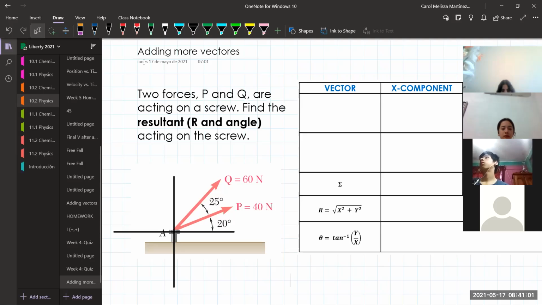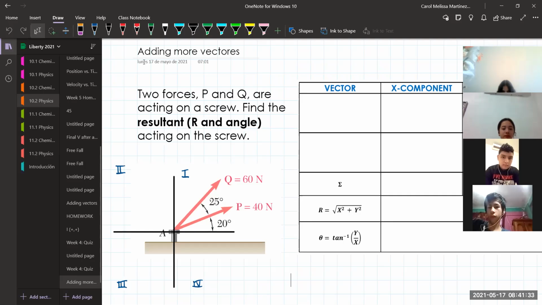Now, as a reminder, I know that in your math class from other years, like last year, you should have learned that a Cartesian plane is divided into quadrants. Here you have your first quadrant. This is your second quadrant. This is the third quadrant, and this is the fourth quadrant.